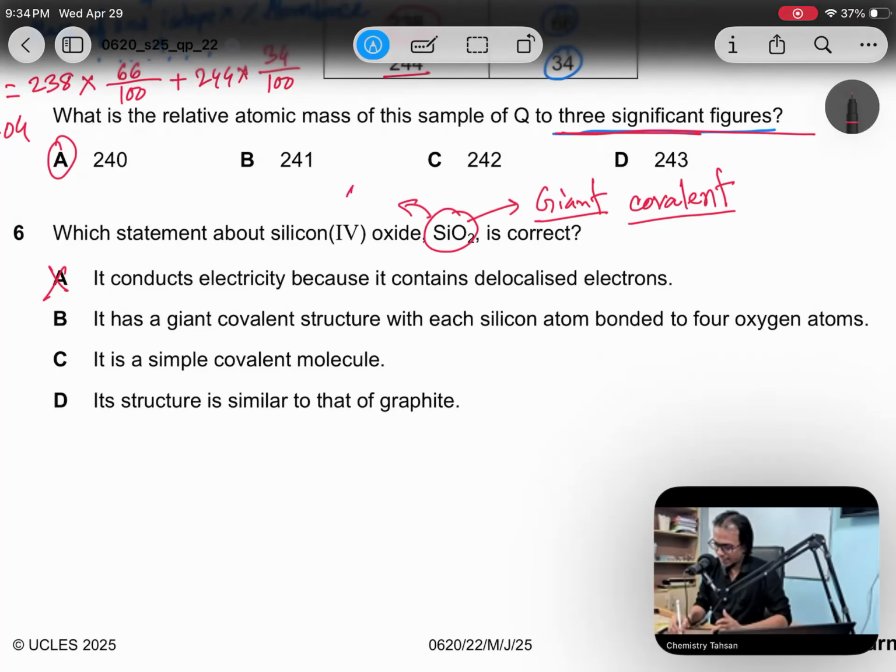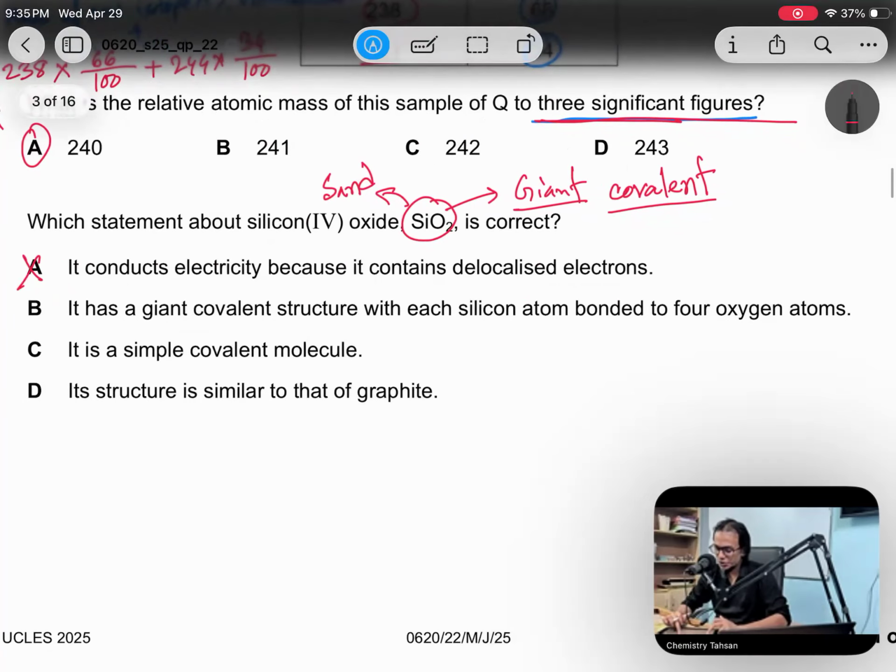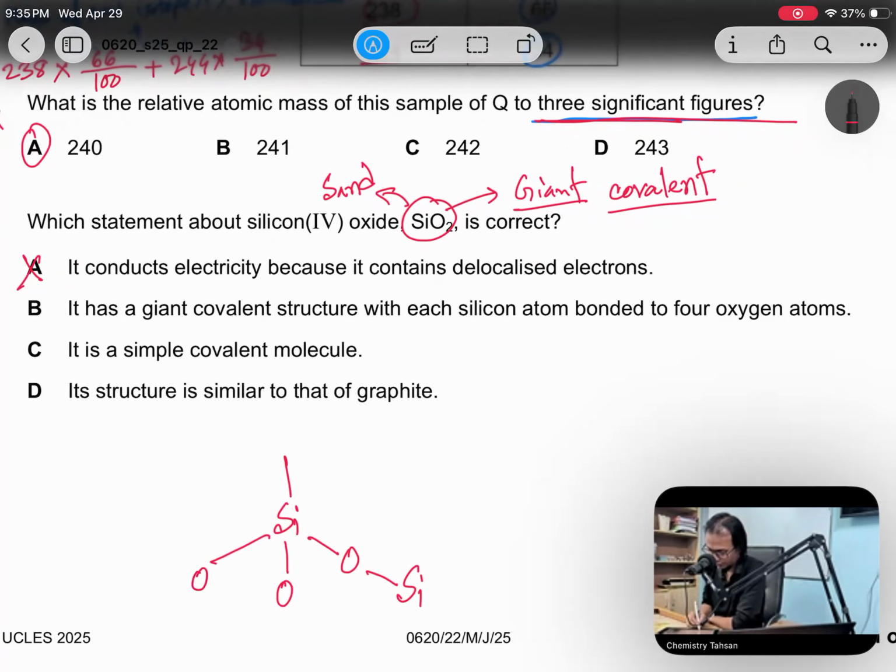If we see around us, it has a giant covalent structure with each silicon atom bonded to 4 oxygen atoms. So each silicon atom, if you look at the structure, it's something like this: silicon and oxygen, and again silicon. So these are 4 oxygen atoms.